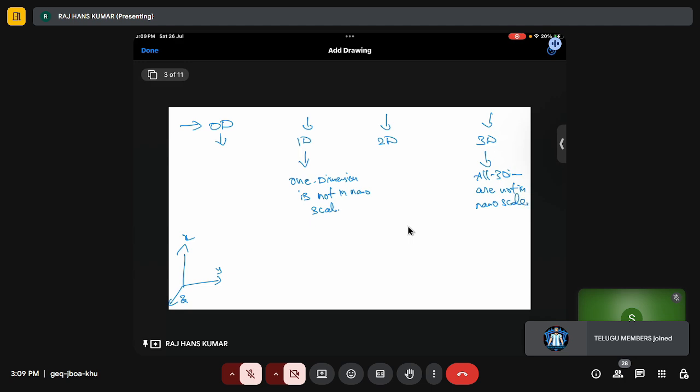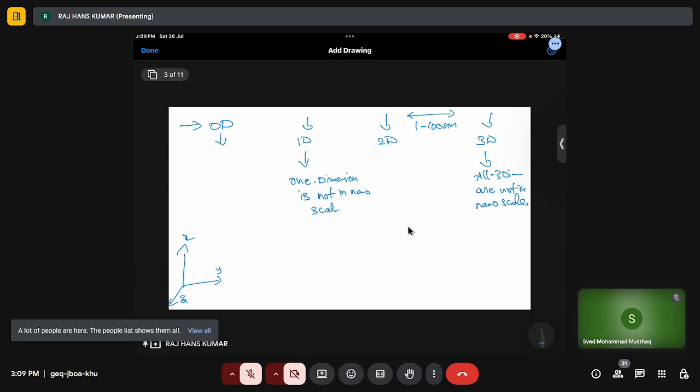Again, I have to define my scale first. My nanoscale is defined as: whatever the object is, if one of its dimensions lies between 1 to 100 nanometers. How much is 100 nanometers? If you convert into microns, it will be 0.1 micron. So from 1 nanometer to 100 nanometers, if any dimension is in this region, then we call it a nanomaterial.